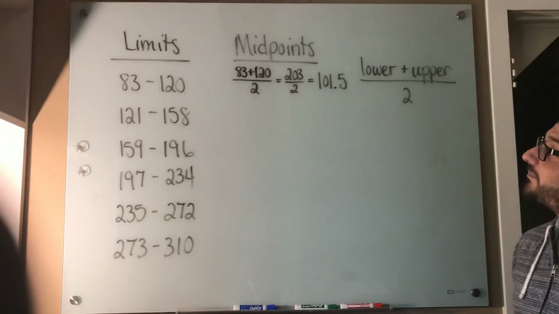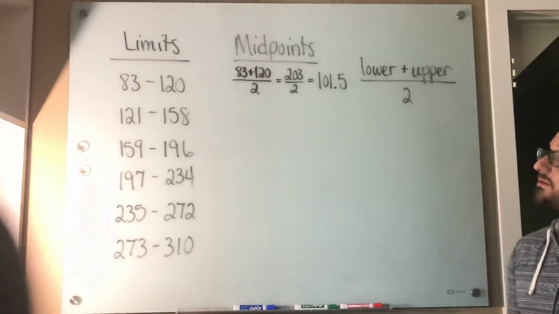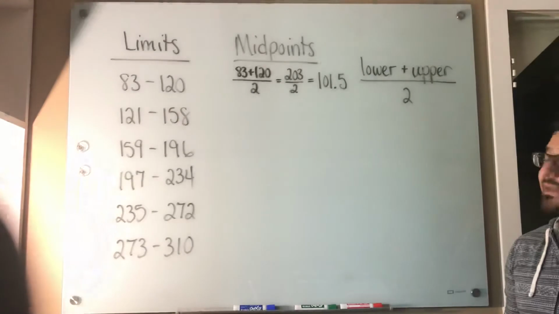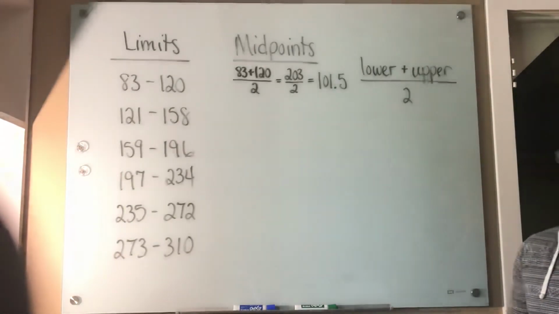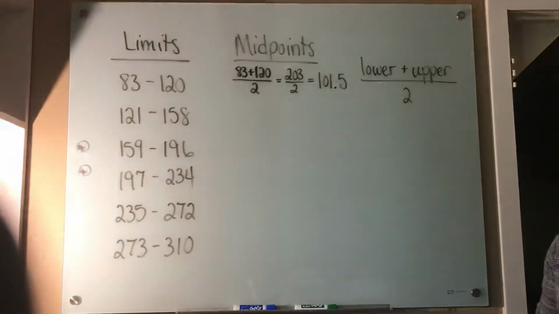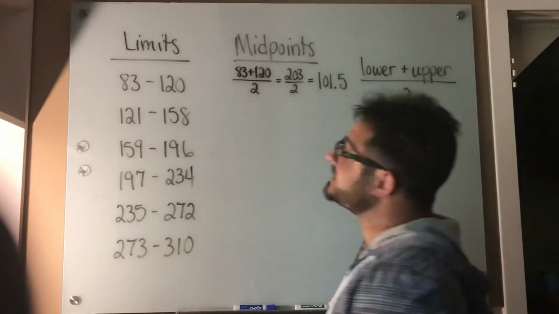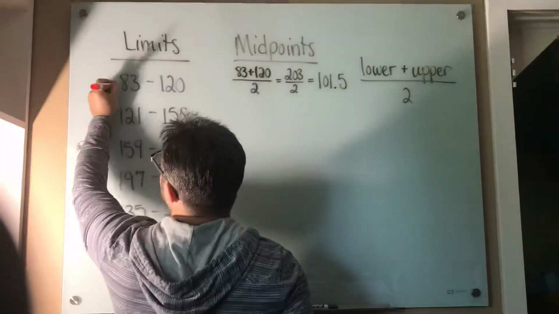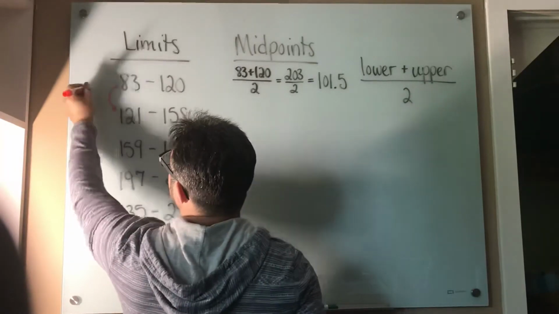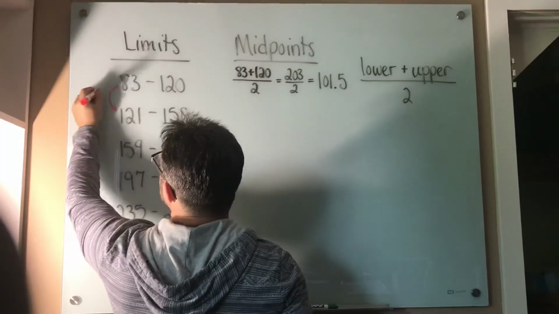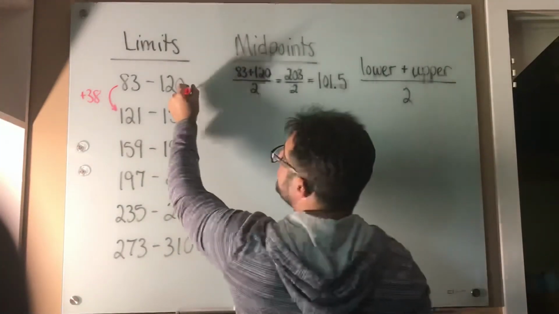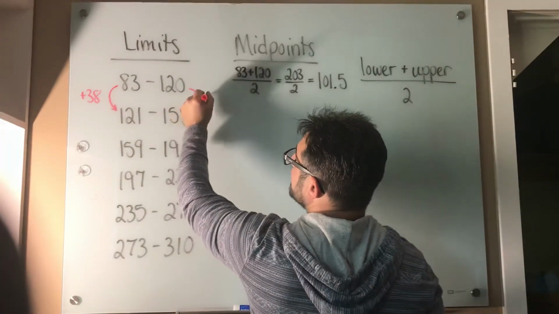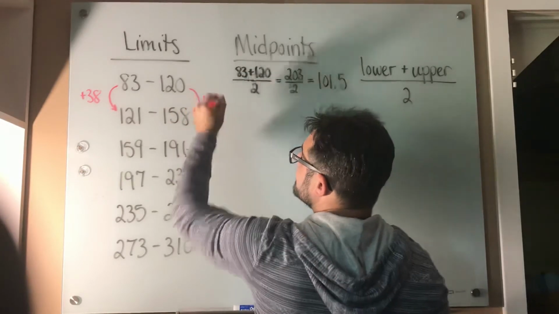Now, believe it or not, we only have to do that calculation for the first class. And that's it, the first class only. After that, there's a much simpler way to find all of the midpoints. Remember, the class width, in this case, was 38. 38 was the difference between lower limits of successive classes. It also is the difference between upper limits of successive classes.